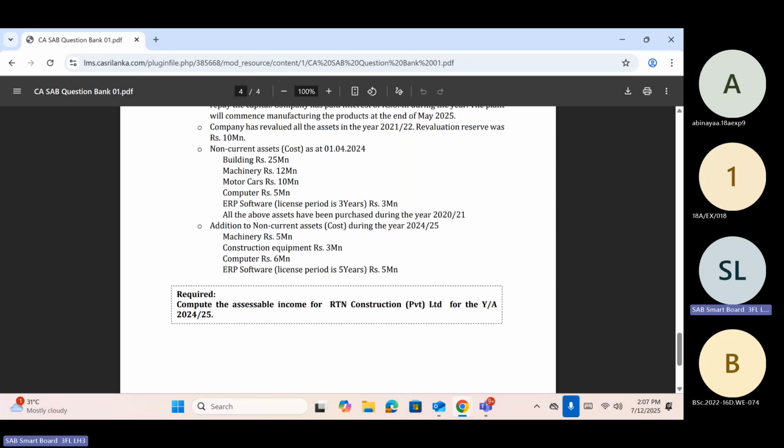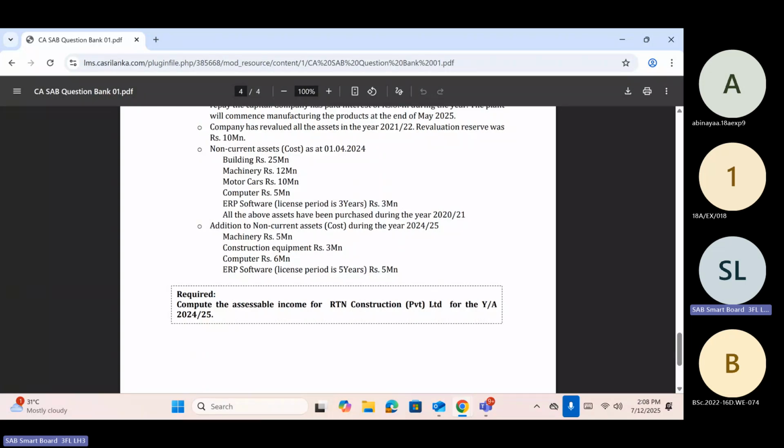Tax computation, how we learn: source of income, taxable income. It could be business, investment, or other source. Thereafter, when you work on the taxable income, we can deduct qualifying payments.